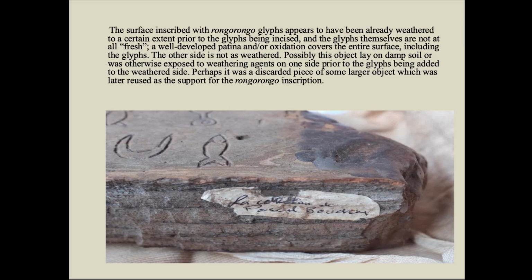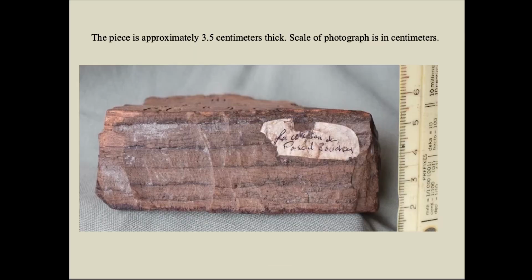It's patinaed since then. Again, compatible with being collected in 1843 and may well have been quite old when it was collected. Next slide. This is showing the edge view, and actually you can see the label there, recording that it came from Pascal Boucher. Next slide.